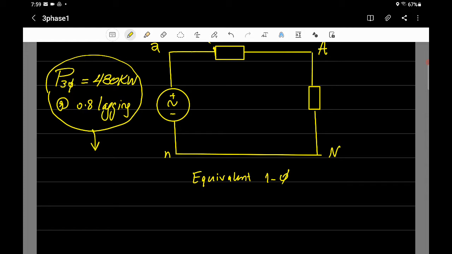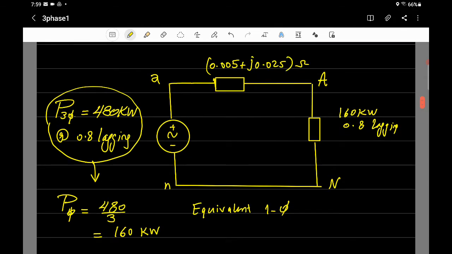Three phase is equal to 3 times single phase. So the power of one phase is equal to 480 divided by 3, which is equal to 160 kilowatt. The power factor doesn't change, by the way. You don't divide it, not ever. So you have 160 kilowatt, and the power factor is 0.8 lagging.